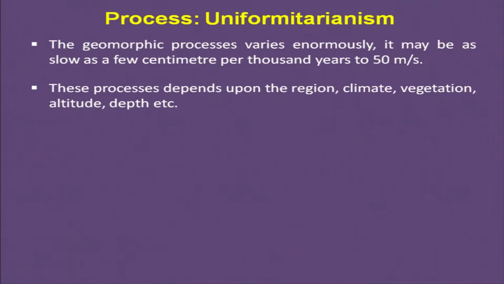This is very important. The process depends upon the region, climate, vegetation, altitude, depth, etc., and based on this the process will vary in its operation. It may be fast, it may be slow.